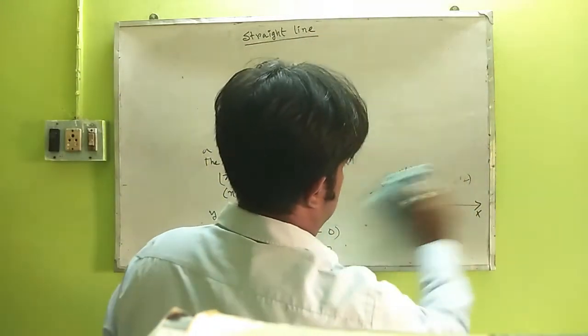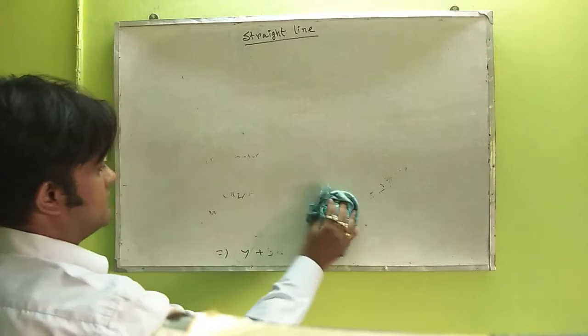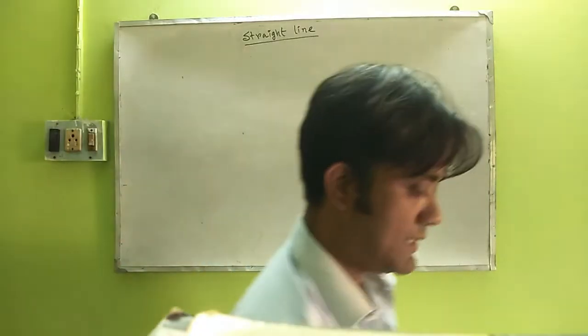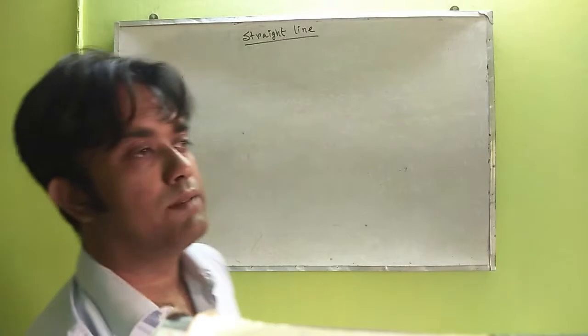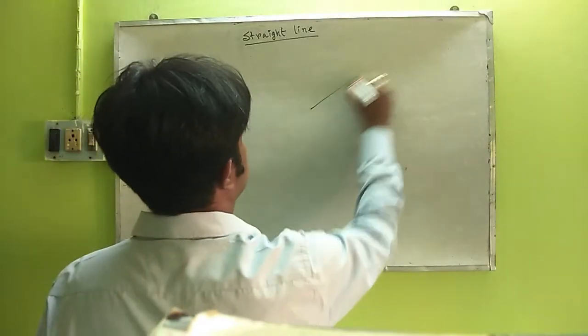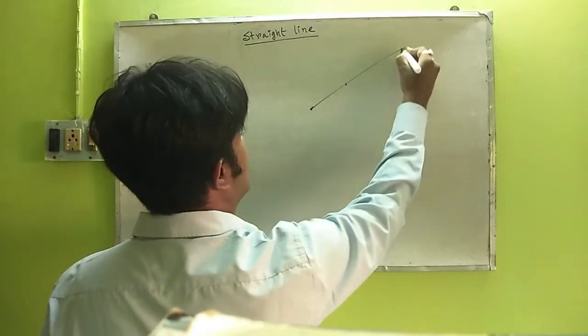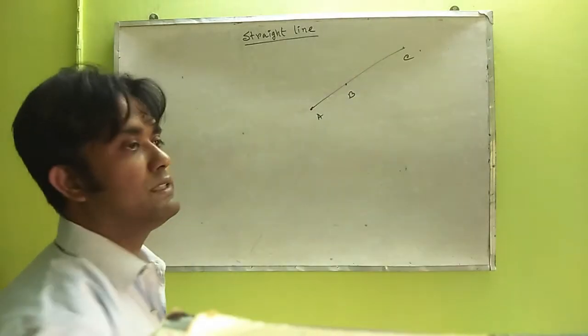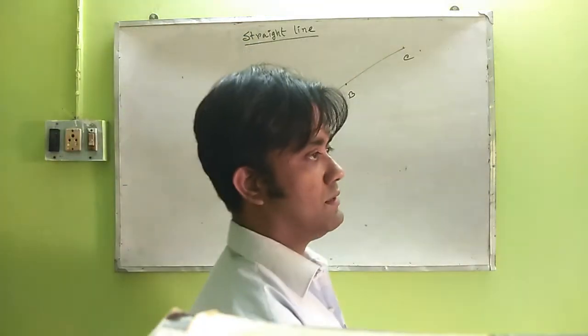Now we discuss the concept of collinearity of 3 points. That is, A, B, C are 3 collinear points.